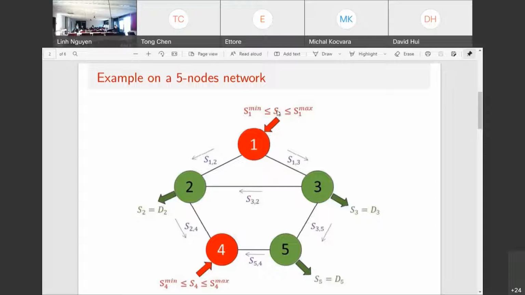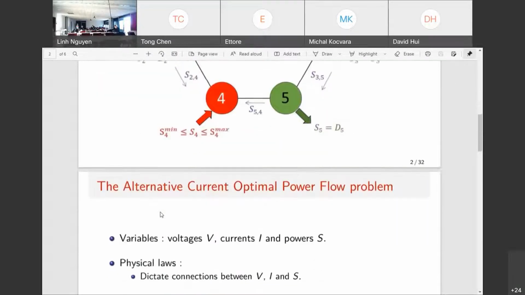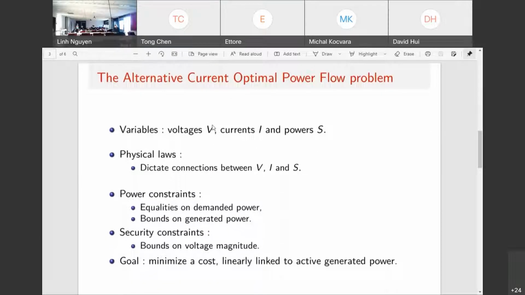This angle creates a real part and an imaginary part. So here we have complex numbers. Voltages are complex, currents are complex, powers, so apparent powers, are complex, with the real part being the active power and the imaginary part being the reactive power.